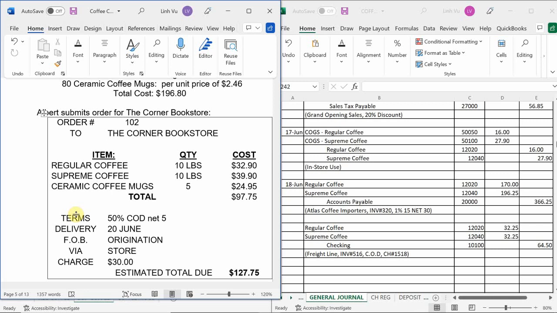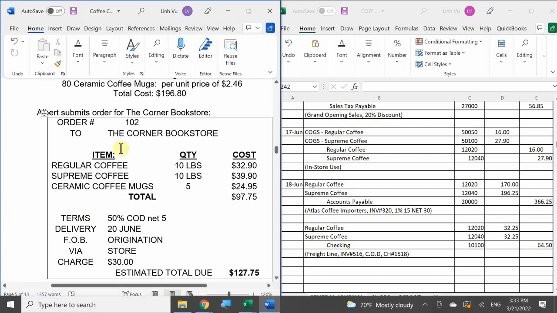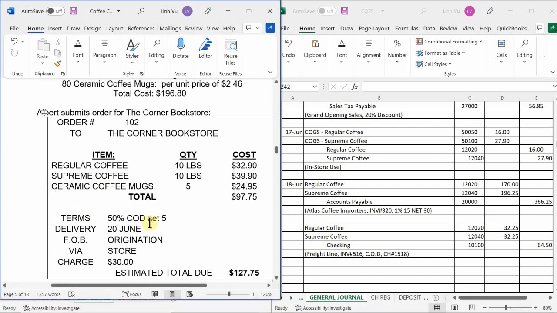Put it into commissions expense. We're going to put it into commissions because right now it's a potential order, right? We're not going to send it out until the 20th.